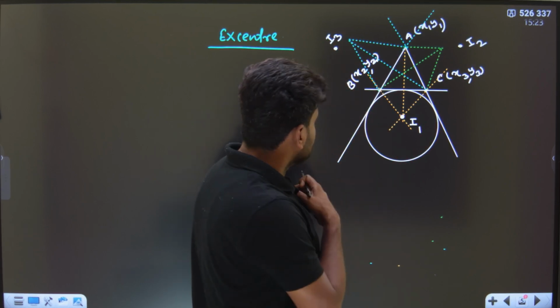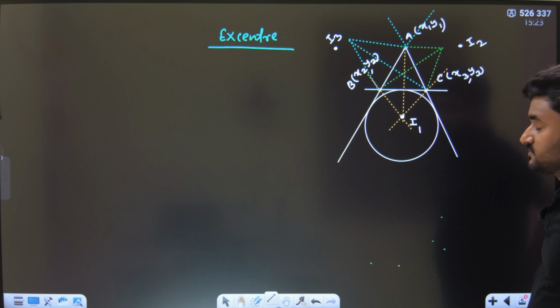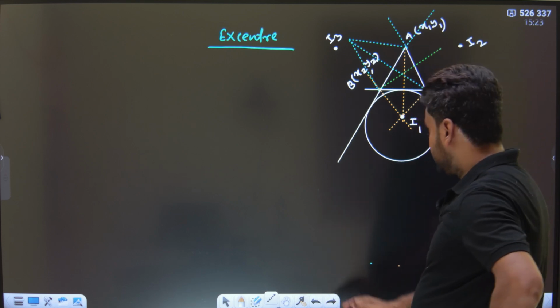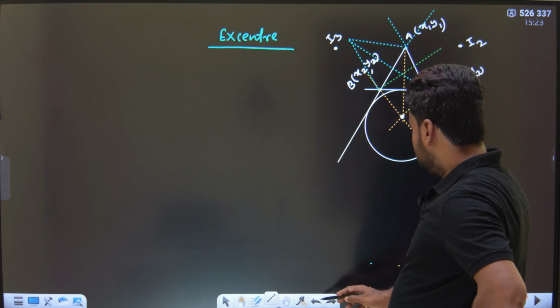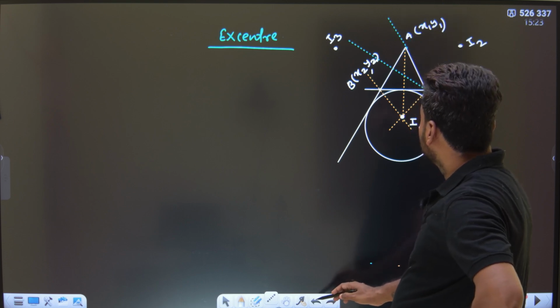Understand? So there are three Excentres possible. Now first of all I will try to find the first Excentre. Now let us find.